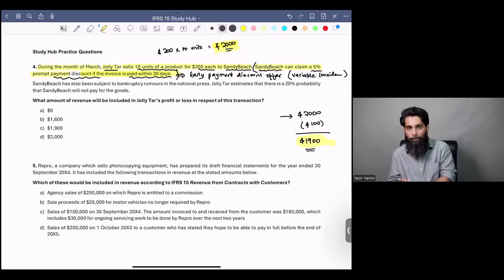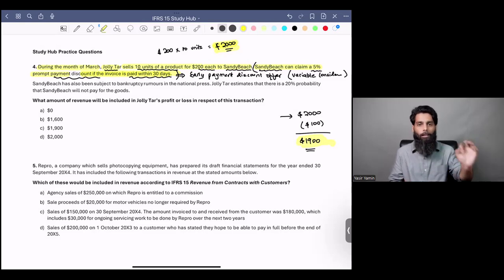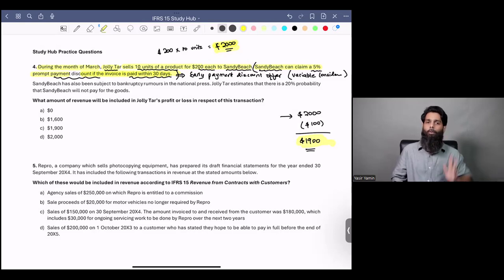So if the entity concludes that giving this particular discount is inevitable, you will have to provide this discount, mandatory. Then the truth is that you haven't done this transaction for $2,000. You have done this transaction for $1,900. Does that make sense? Hanan, okay.